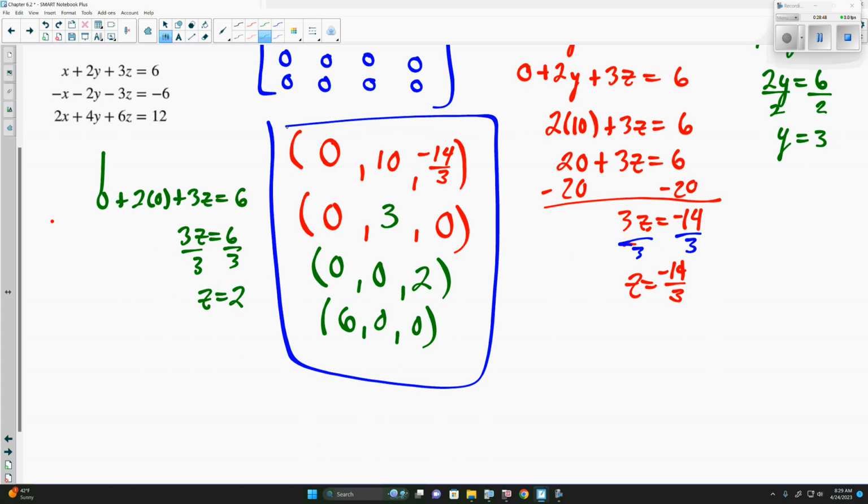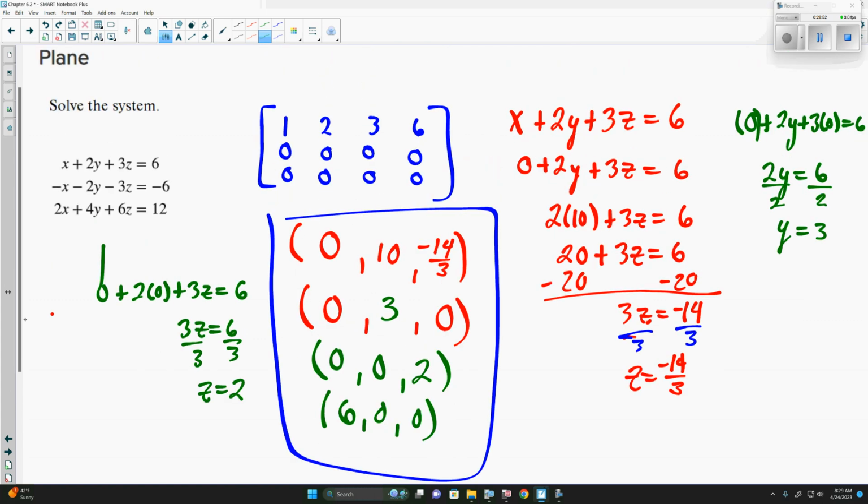I mean, there's 4 different solutions that work. And I mean, we can keep picking values of 2 of the variables, solving for the third, and find a solution that does work. So there's infinitely many of them, but they do have to satisfy that equation. Questions on any of this here?